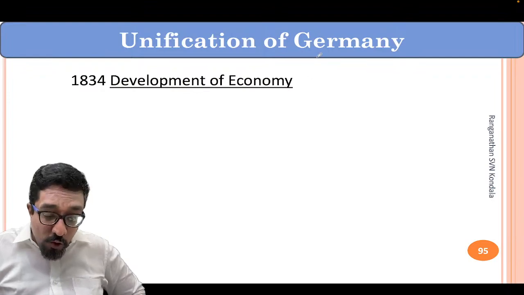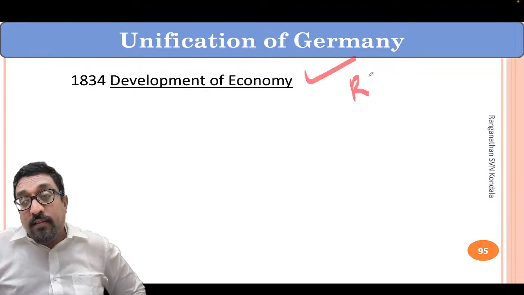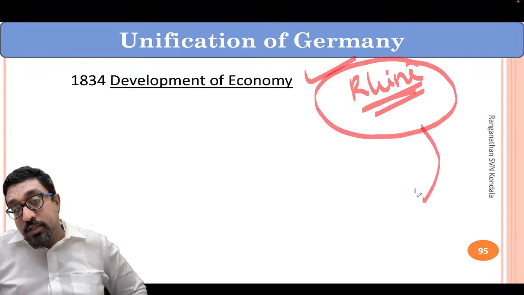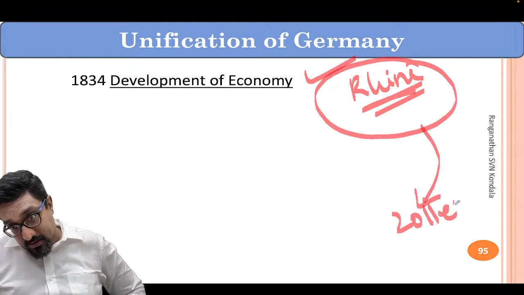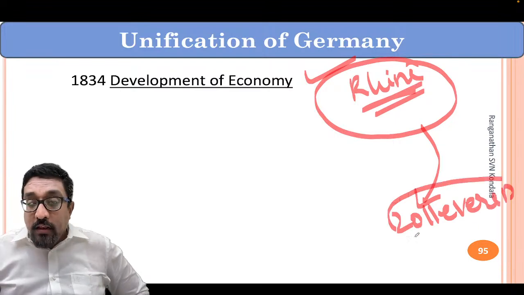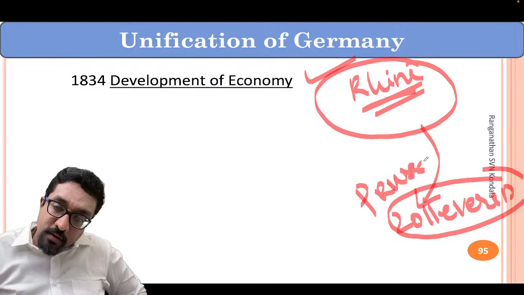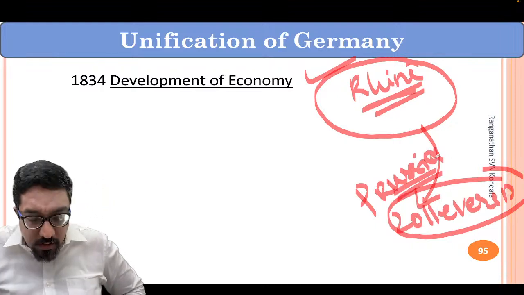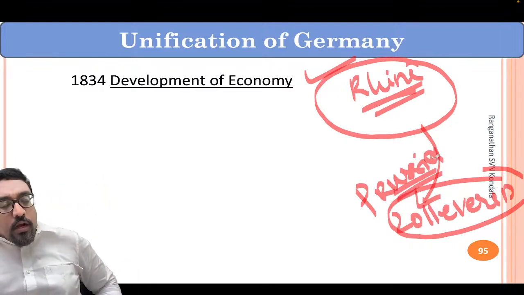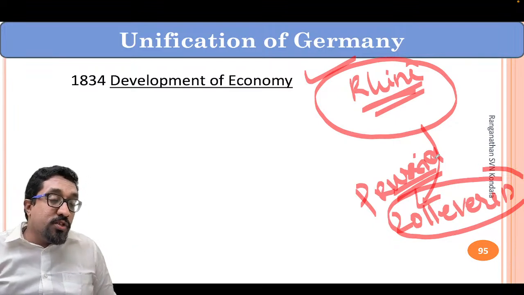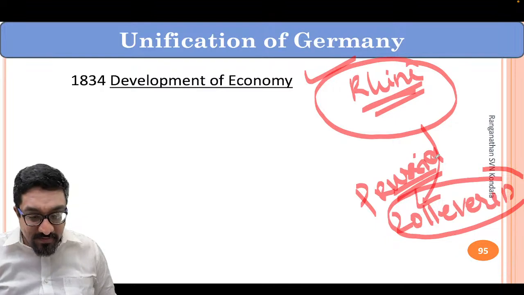By 1834, Rhine states had become completely members of Zollverein, a Zollverein which was actually under control of Prussia. So at least on economic terms, don't you think we can comfortably conclude that Germany was created by Prussia?